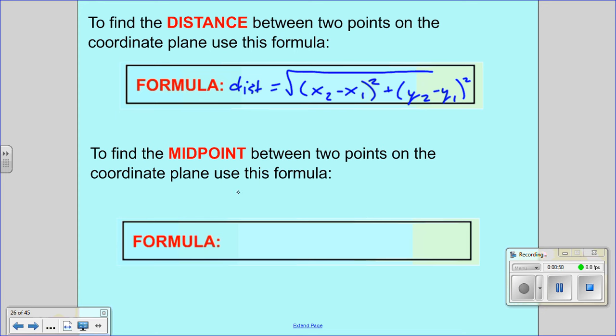For the midpoint, it'll be a coordinate, so it's going to be in parentheses: x1 plus x2 divided by 2, comma, y1 plus y2 divided by 2, and close parentheses.